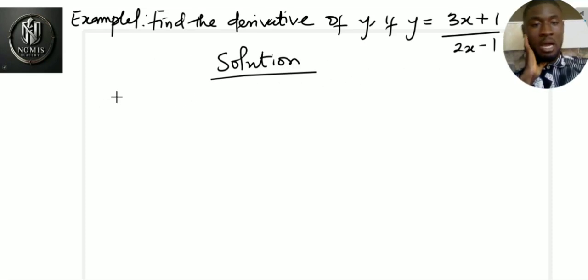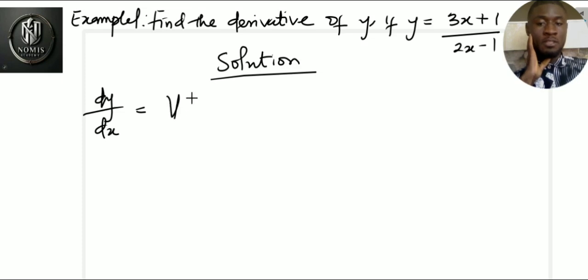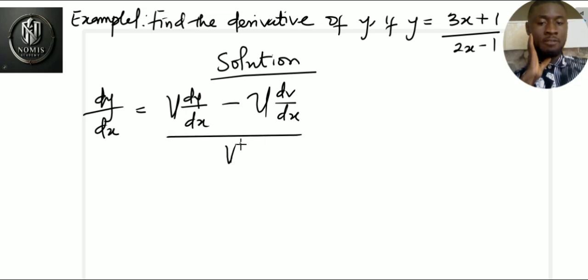Firstly, I would like you to introduce the formula that says dy/dx is equal to v du/dx minus u dv/dx all over v squared.